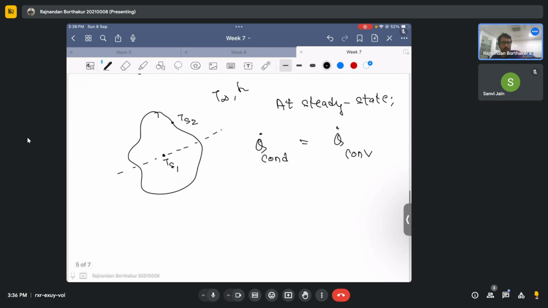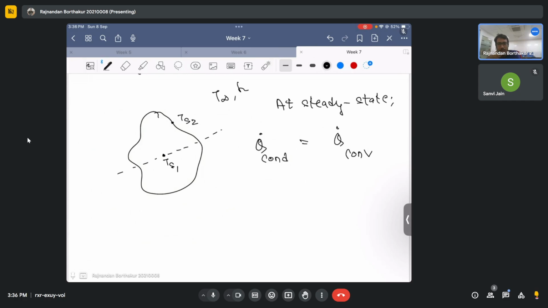And now, can you tell me what will be this Q dot conduction given that I have this body? I do not have any heat generation taking place inside the body. My properties are all constant. Can you tell me what is Q dot conduction in terms of this TS1 and TS2? That we have done multiple times in this course.